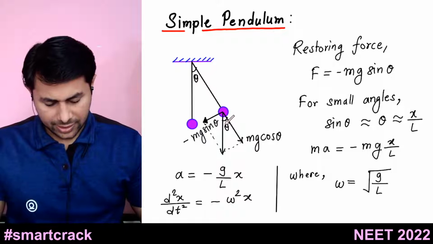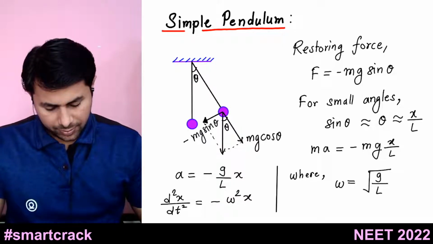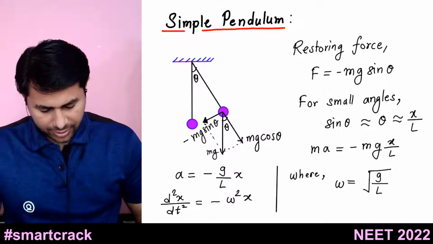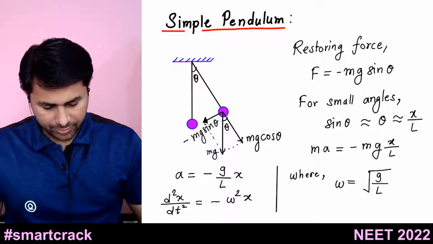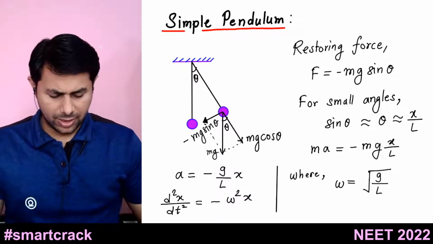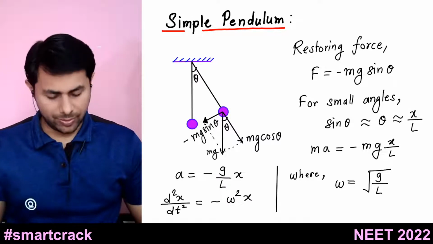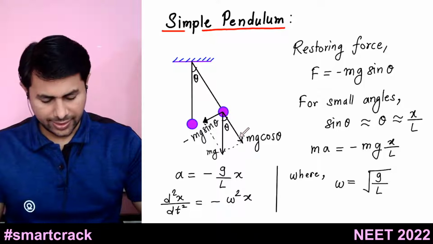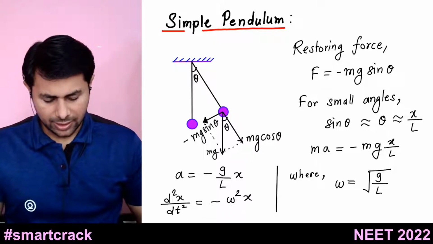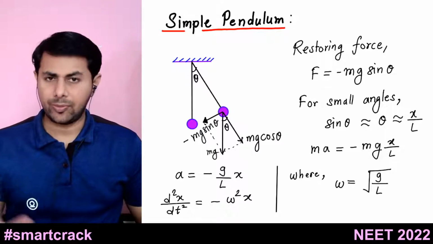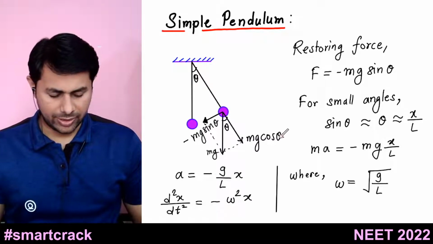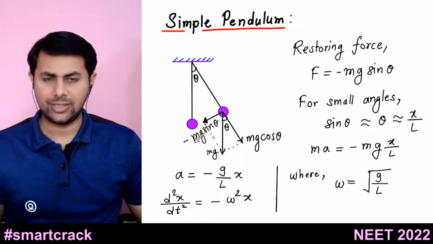Then the weight of this bob of the pendulum is mg. You can resolve it along two components. One component is along this line, so it is mg cos theta, and another component is perpendicular to it, so it is mg sine theta.